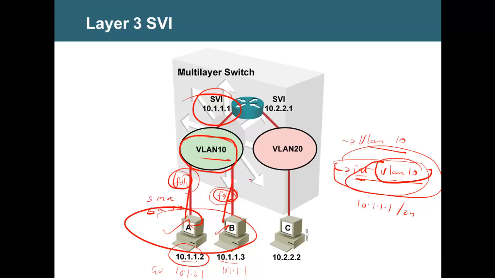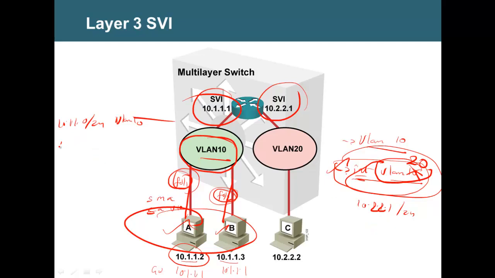So I get a route in the routing table because of this virtual interface. My routing table will show like this: 10.1.1.0/24 is via VLAN 10. Likewise, when I create another SVI, instead of 10, I put 20 (10.2.2.1).